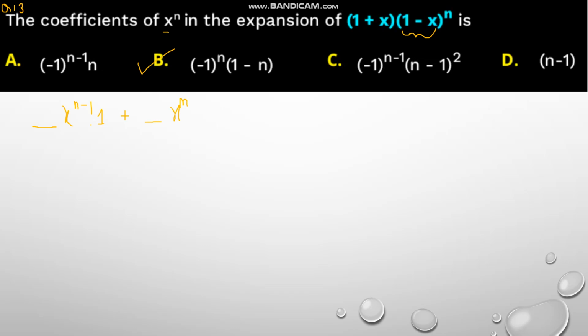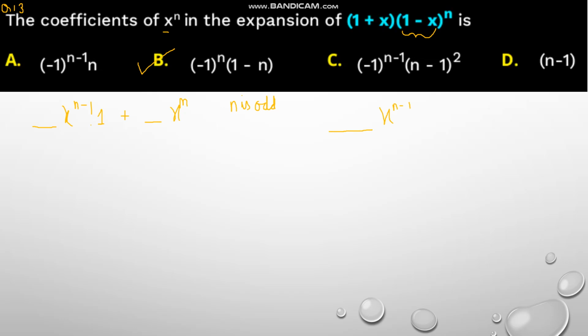Now if n is odd, then one case, and if n is even, then another case, which is why this minus 1 to the power n exists here. Let me first use the odd case. If n is odd, then x to the power n minus 1 coefficient will be this coefficient.